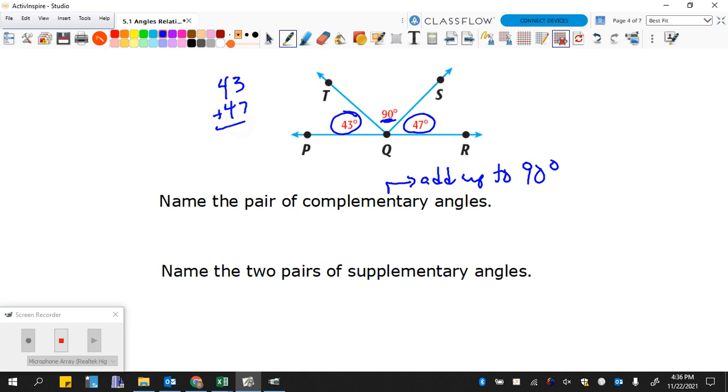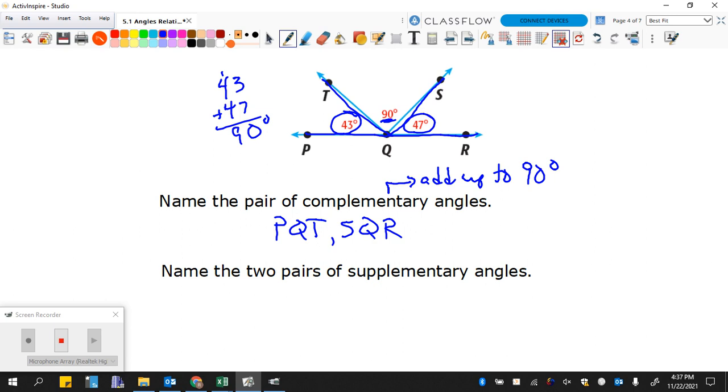Those two angles are complementary because they add up to 90 degrees. So that would be PQT and SQR. You notice that I identified them differently than on the previous page, but you can do that.